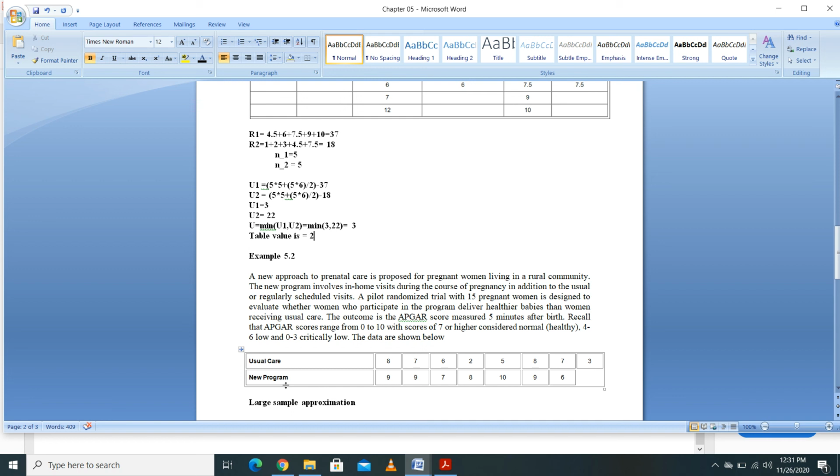So you can use the same process. You can take a couple of minutes and check whether there is a difference between these two groups or not. I'll give you some time. Just check it and see.